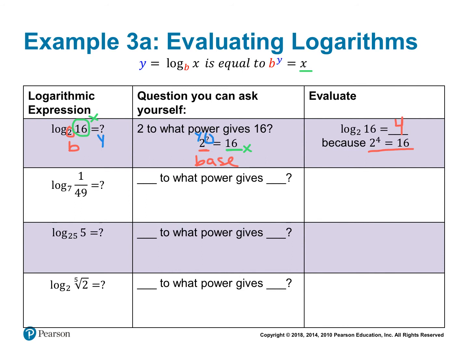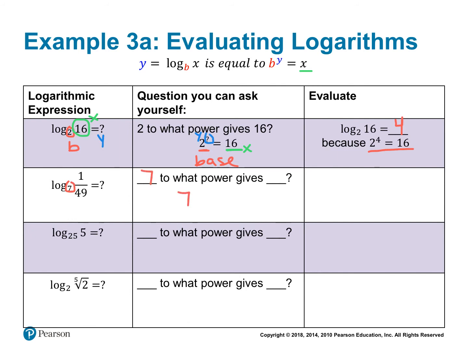Okay, let's try another one. So if we look at this one, blank to what power gives blank? So our b is the 7. So let me write it out with numbers first.